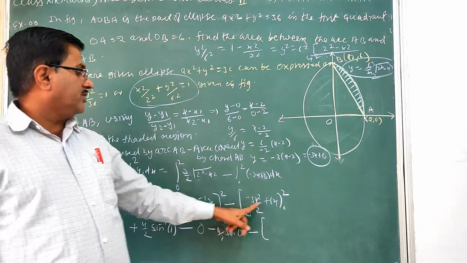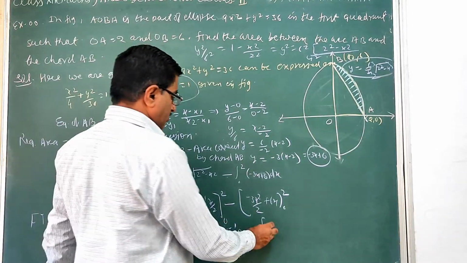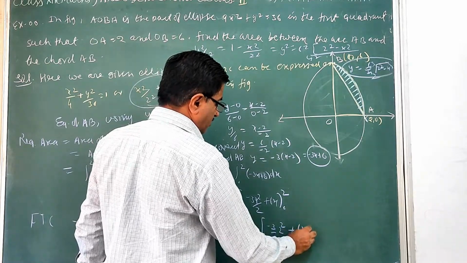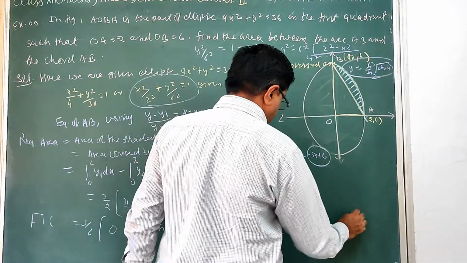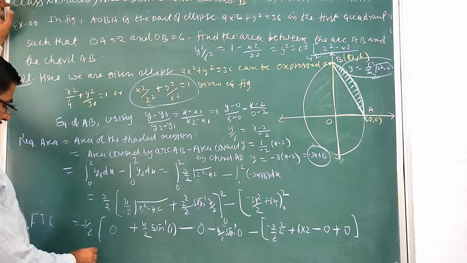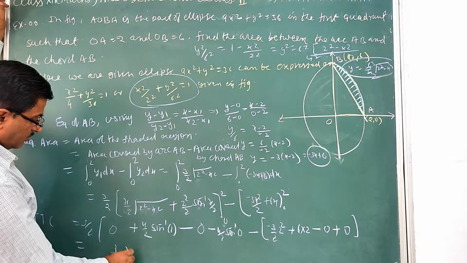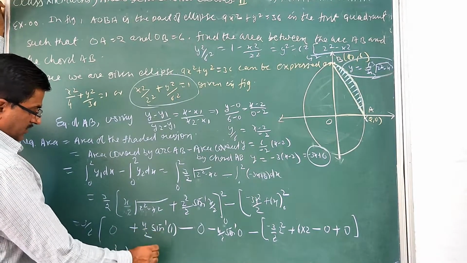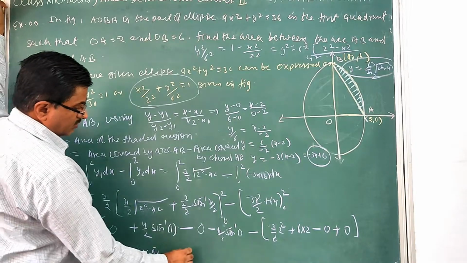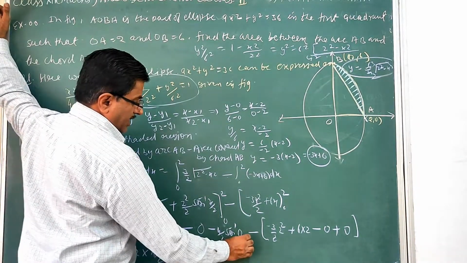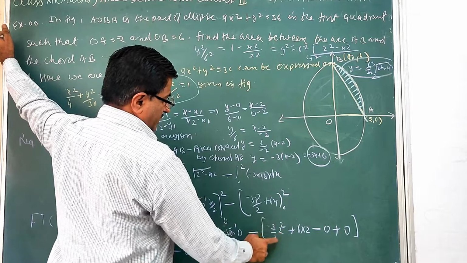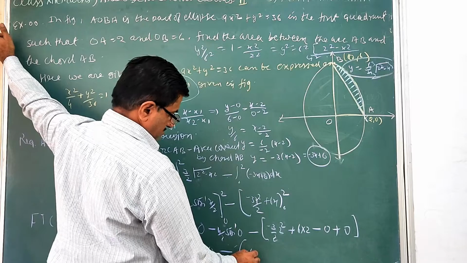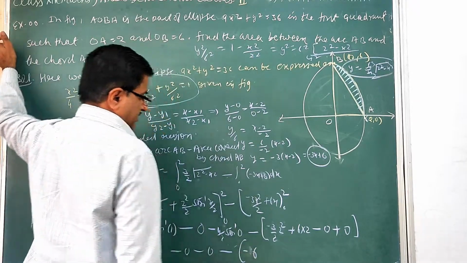Minus, now we take this limit, minus 3 by 2, 2 square plus 6 0, 2. Minus lower limit input, that is 0. And simplify 3 by 2 into 4 by 2, that is 2. And sin inverse 1, that is pi by 2. Minus, minus 3 by 2 into 1 cancel. 2 into 3, that is minus 6.